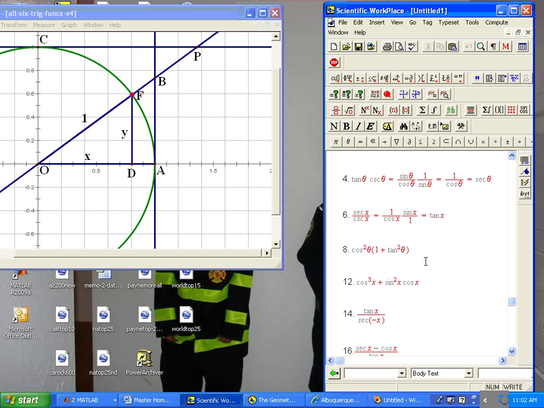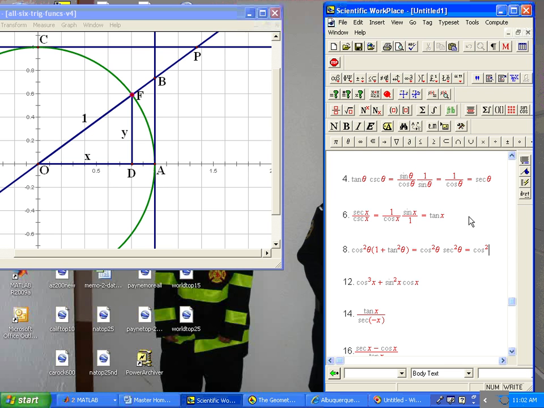Well, here's an example of using a Pythagorean identity. We talked about in the last video how 1 plus tangent squared is equal to secant squared. So this is cosine squared times secant squared. Oh, wait a minute. What the heck is that?